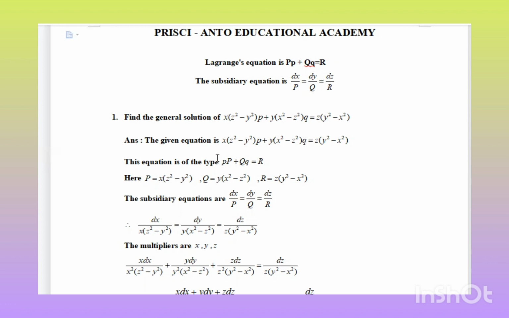So the given equation, first you have to write x into (z square minus y square) into p plus y into (x square minus z square) into q, which is equal to z into (y square minus x square).